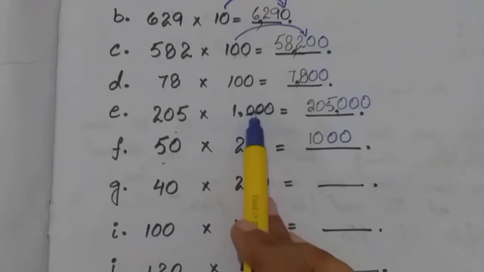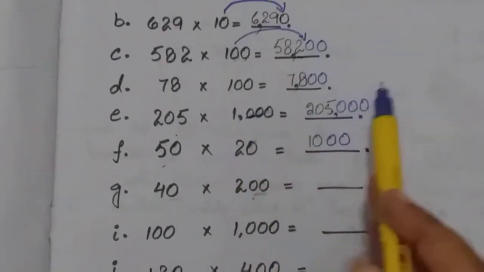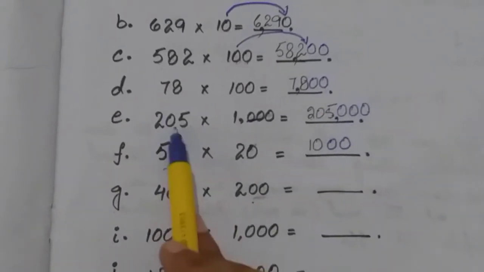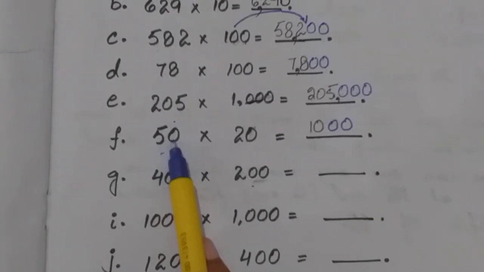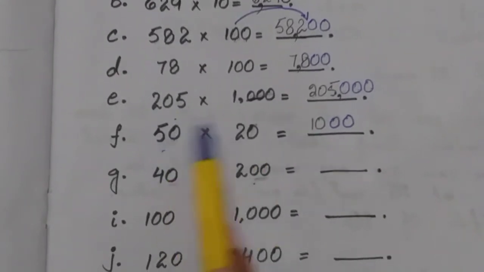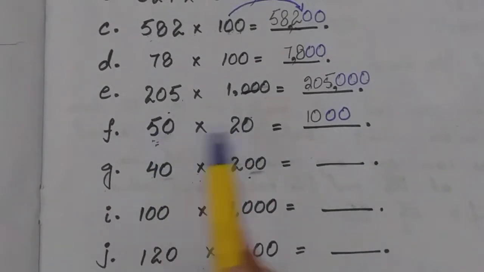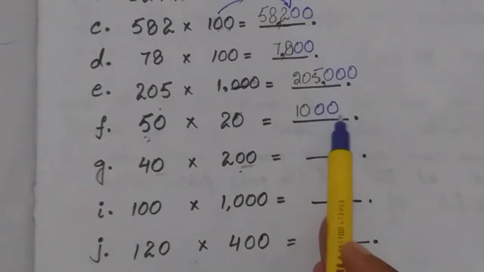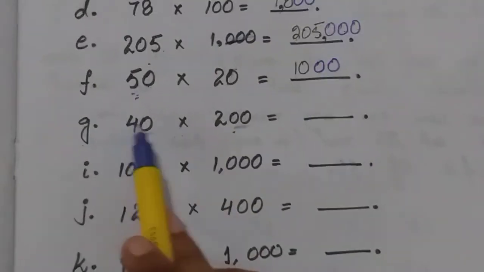Like in this example, we have three zeros in the last of the multiplier. So we have placed these three zeros in the product at the last, but not this 0. And in this example, we have the 0 in the last of the multiplicand and the 0 in the last of the multiplier. Both multiplicand and multiplier have zeros in the last. So we have placed these two zeros in the product at the last.